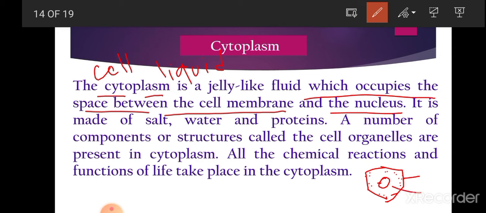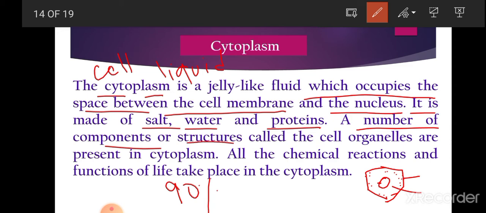So cytoplasm is a jelly-like liquid which is present in between the cell membrane and the nucleus. It is made up of salt, water and protein, out of which 90% is water. It also contains a number of components or structures, as you have seen in the previous image.